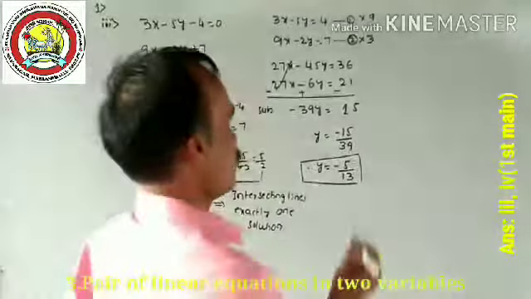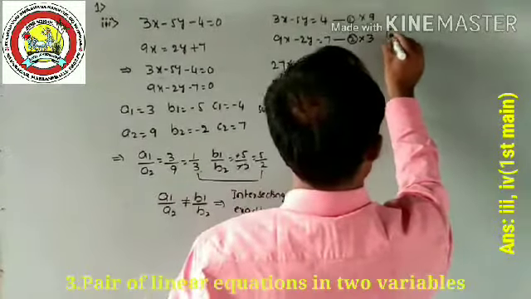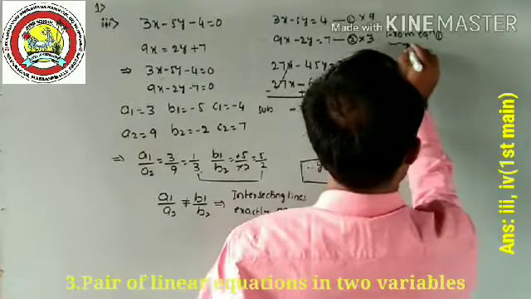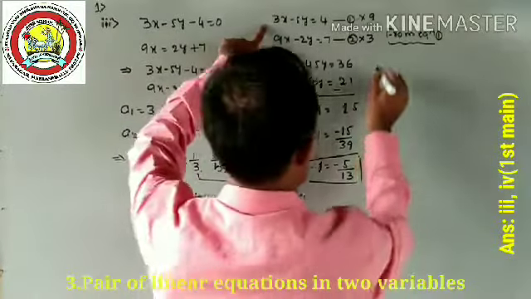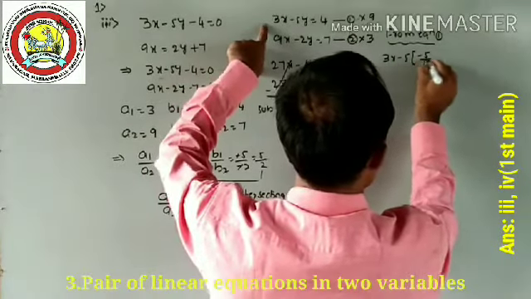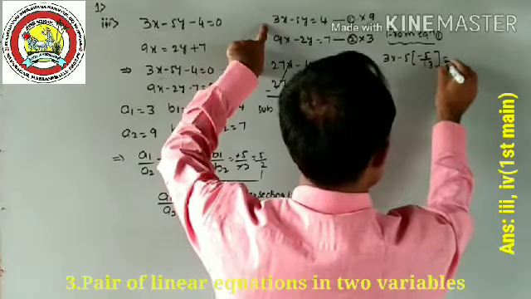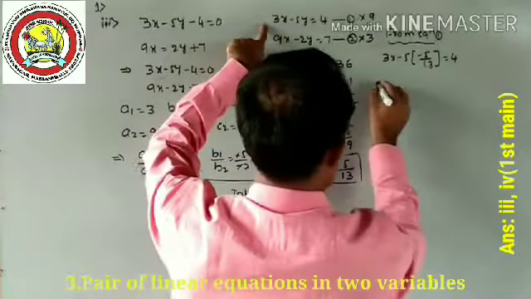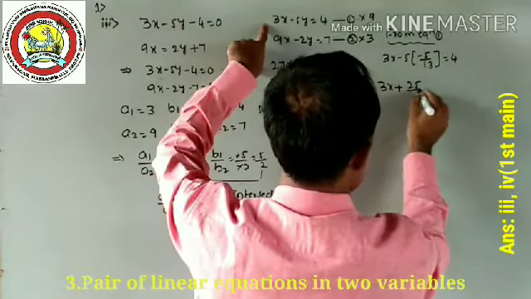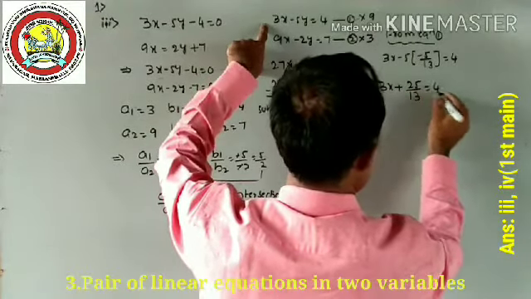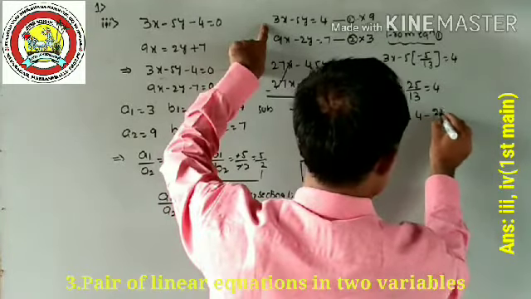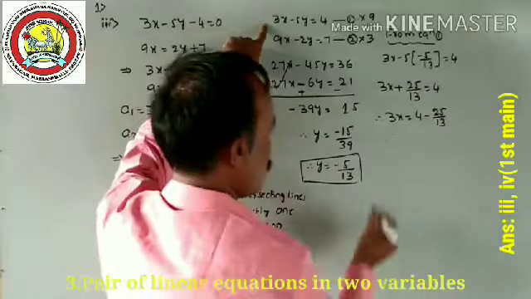Now from any one equation, take equation 1: 3x minus 5 times y, with y equal to minus 5 by 13, is equal to 4. So 3x plus 25 by 13 is equal to 4. Therefore 3x is equal to 4 minus 25 by 13.